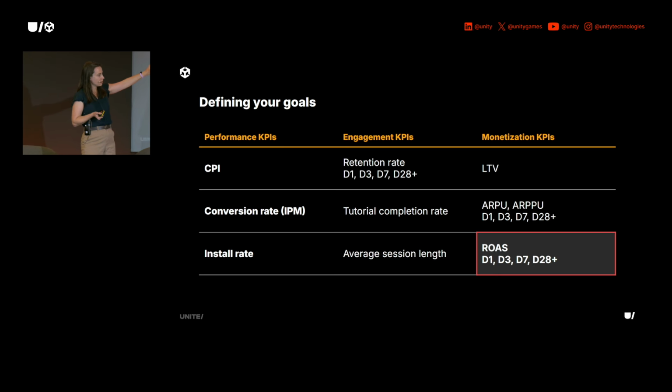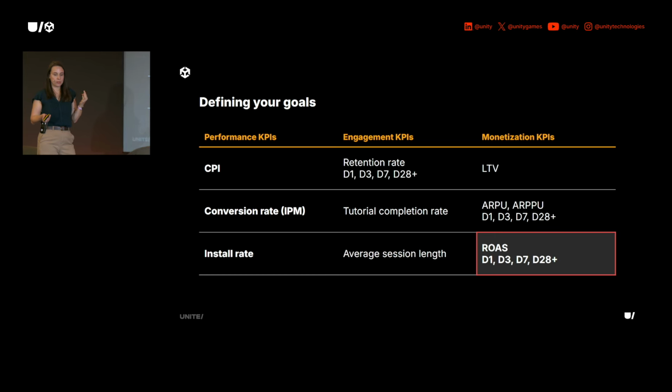The most important one is your ROAS KPI, right? ROAS stands for return on ad spend. And the little D1, D3, D7, whatever, tells you at which point in time you are measuring return on ad spend, because it changes as the LTV curve changes, right?